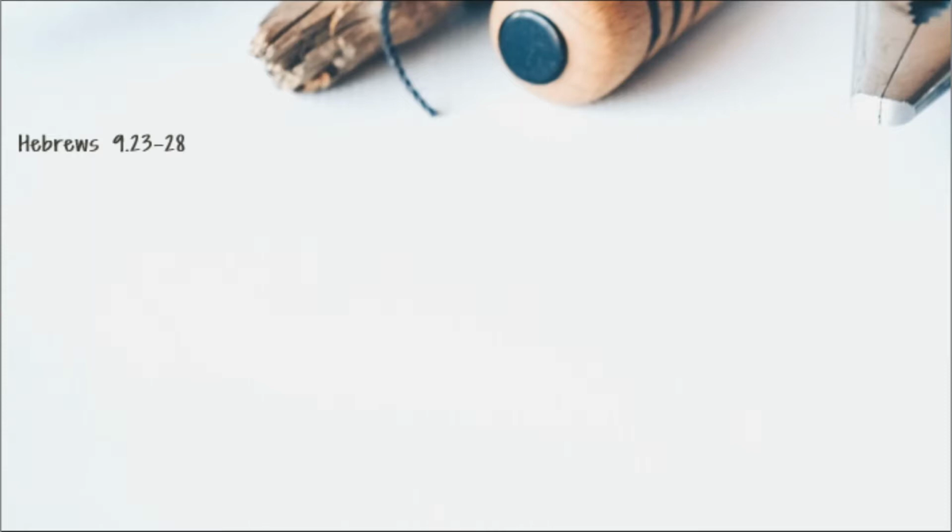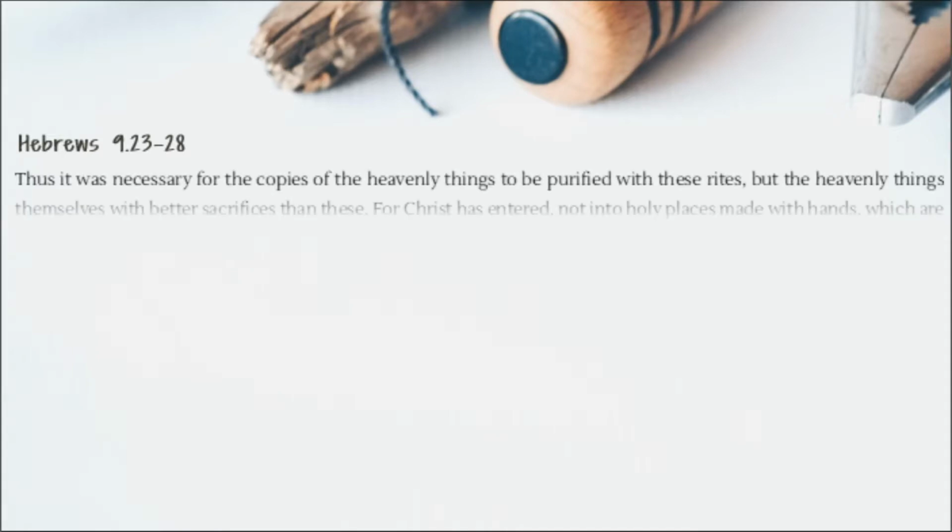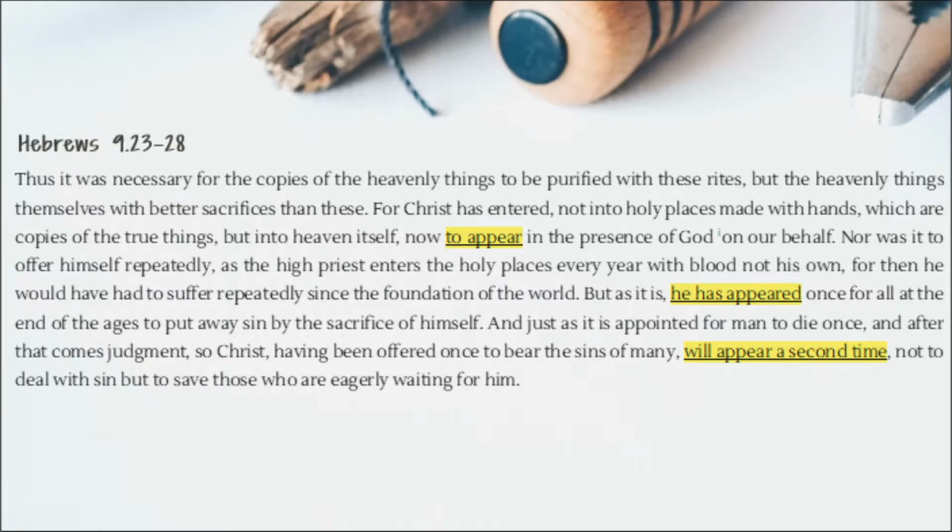Okay, so here it is. To appear. He has appeared. He will appear a second time. So this is talking about Christ being our what? Kelly says, I got it this time. Four times is the charm. Yeah, Kelly. That's rad. Good job.